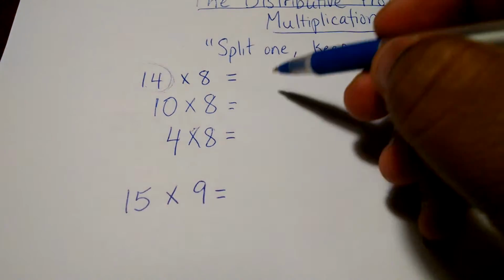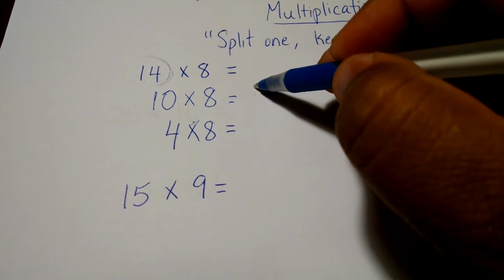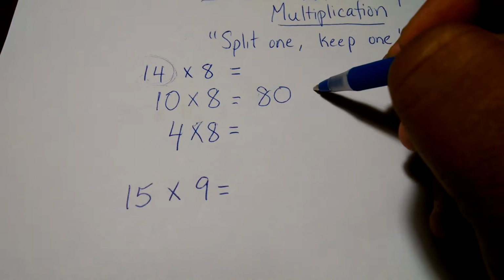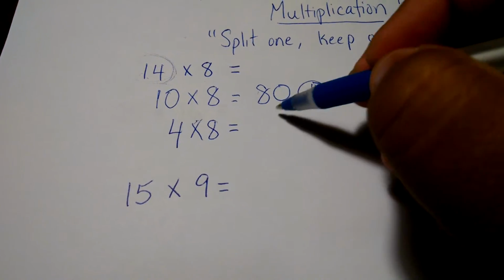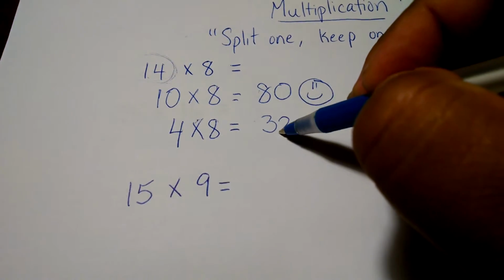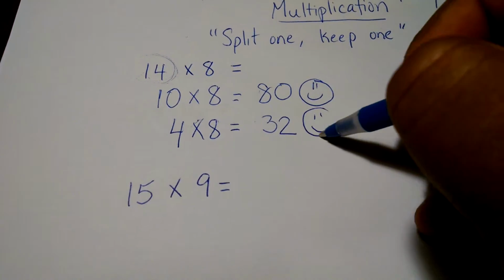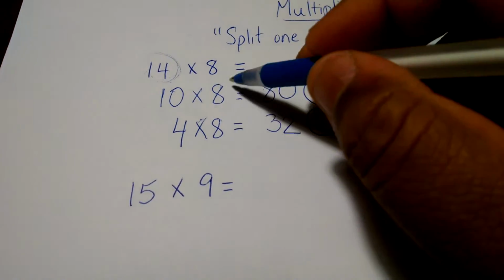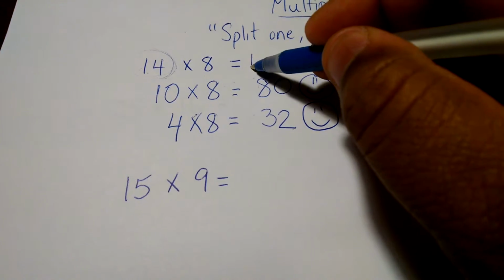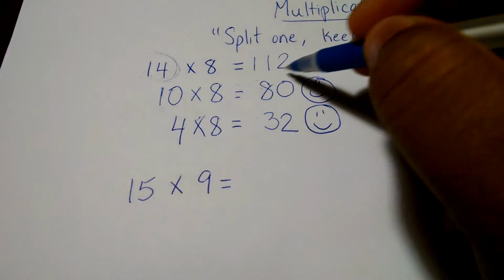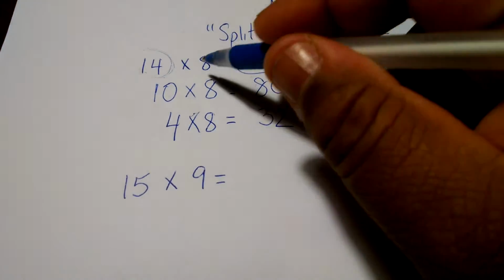So you're going to have two products. So 10 times 8 is 80. And that's a friendly number, friendly fact. And 4 times 8 is 32. That's also another friendly fact. So when you add these up, 14 times 8 equals 112. Okay, and that's your answer for 14 times 8.